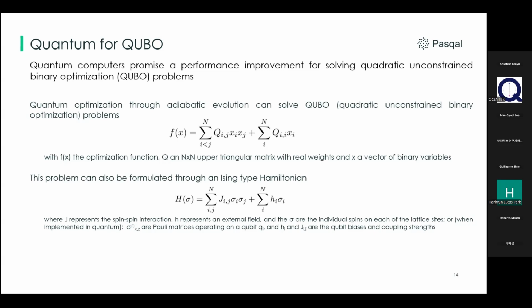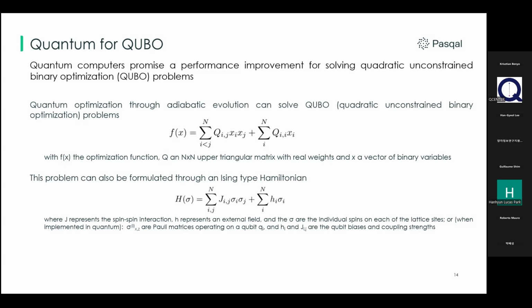Why we are typically talking about QUBO type problems, or quadratic unconstrained binary optimization problems, when it comes to quantum computing. The reason for this is that these QUBO type problems can be related to a specific type of Hamiltonian formulation, what we call an Ising type Hamiltonian formulation.